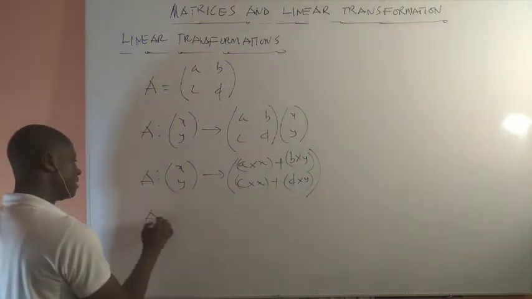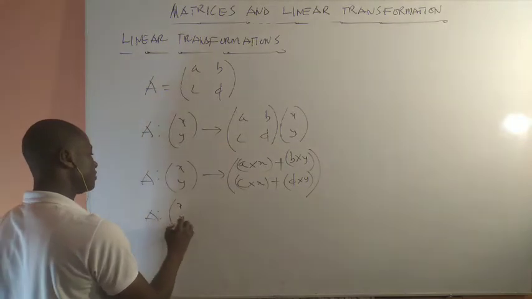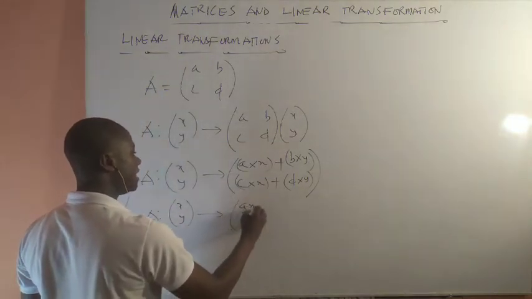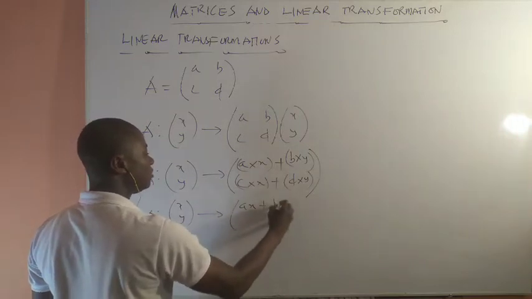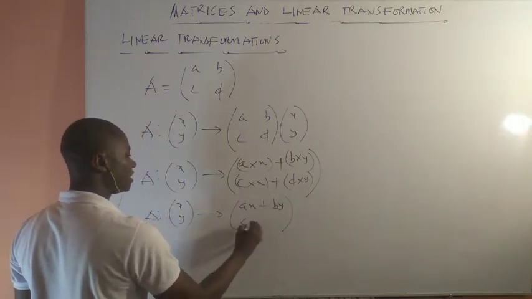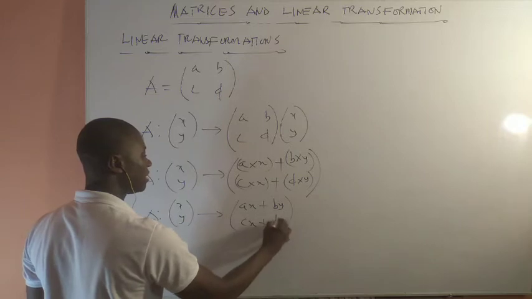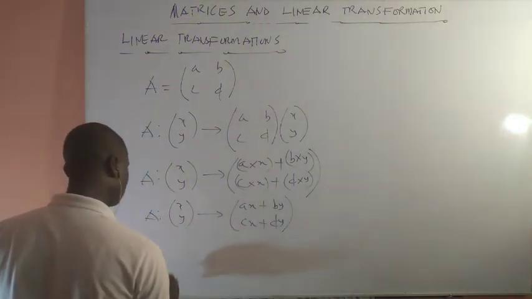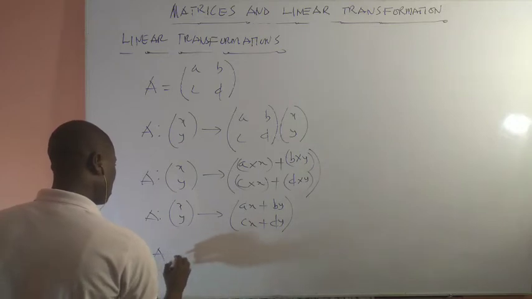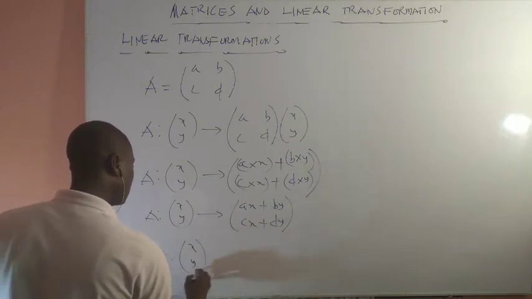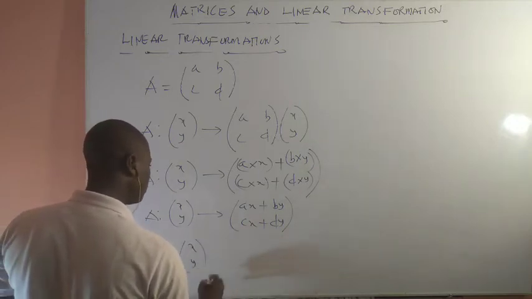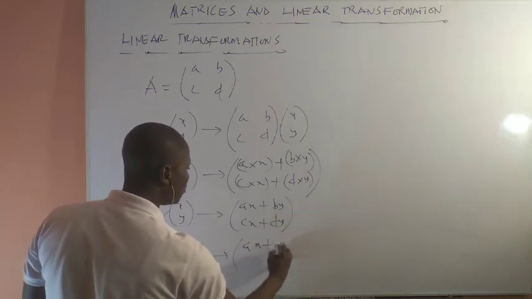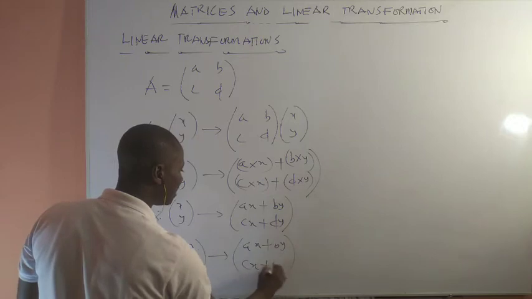Now to simplify this, we have A of xy, this maps to A times x is ax, and B times y is by, then we have C times x, cx, plus D times y is dy. So our A of xy will now be, so we have ax plus by, then we have cx plus dy.